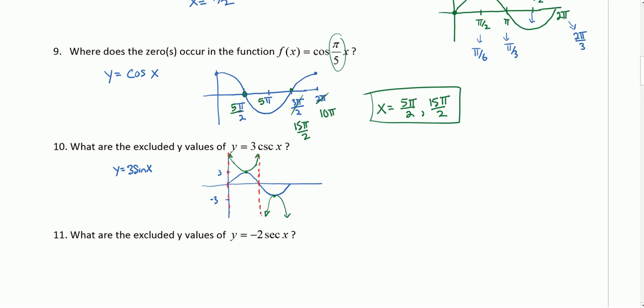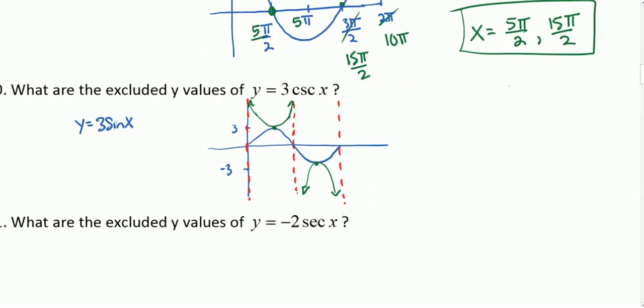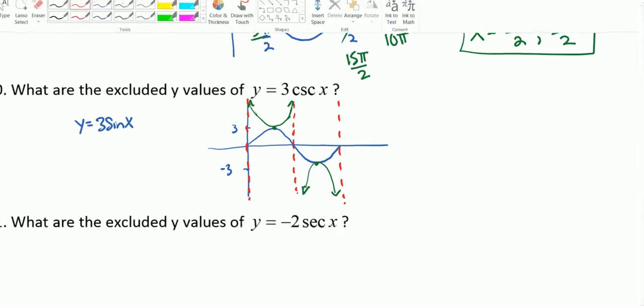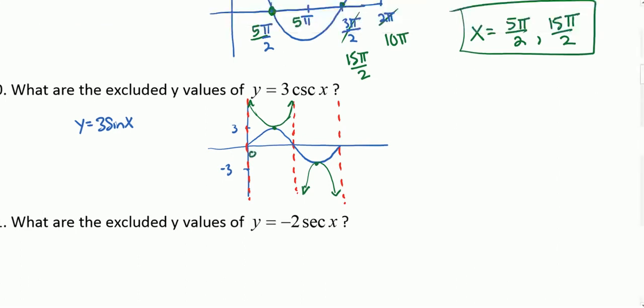So in the first period there's 2 spots, well actually 3 spots here. Okay, and so that's happening at 0, at pi, and at 2 pi.